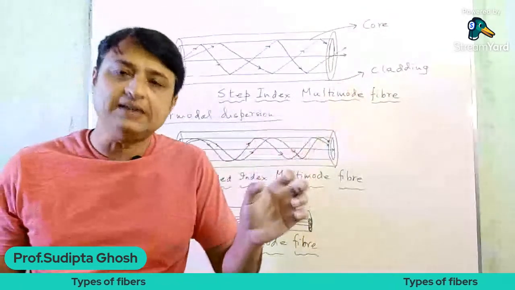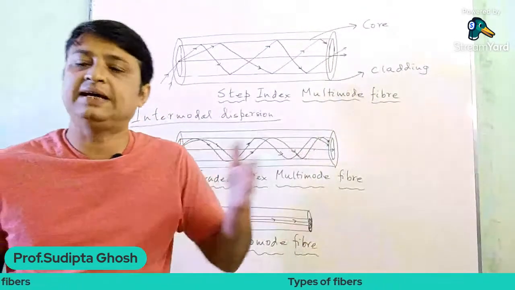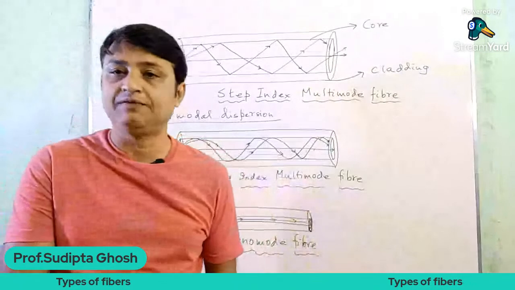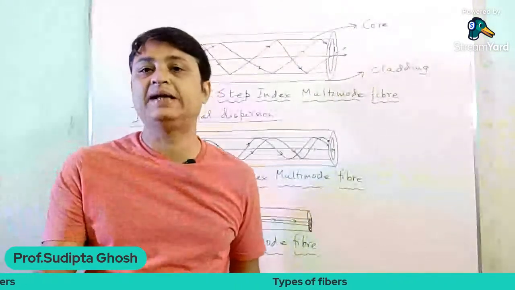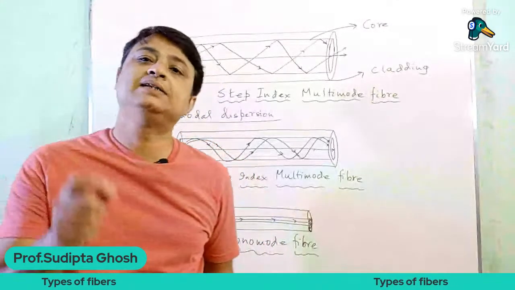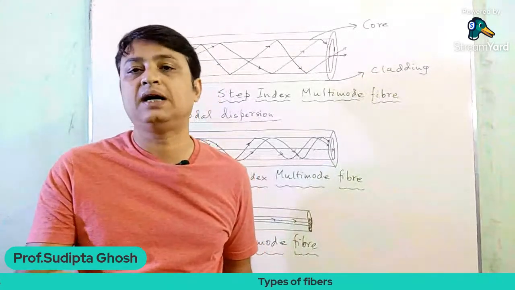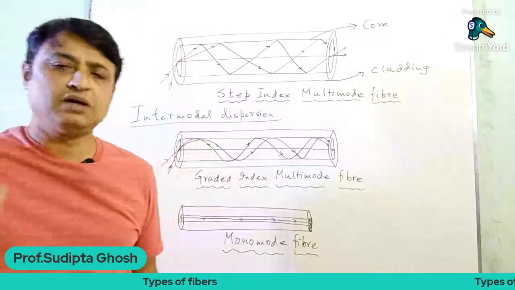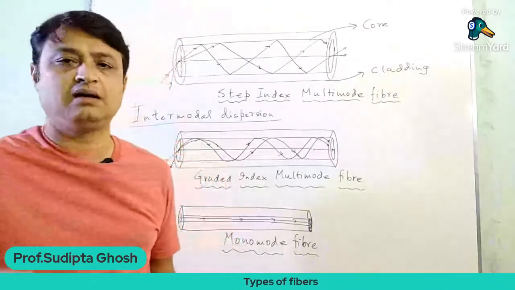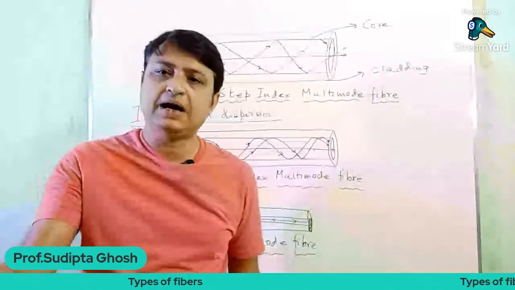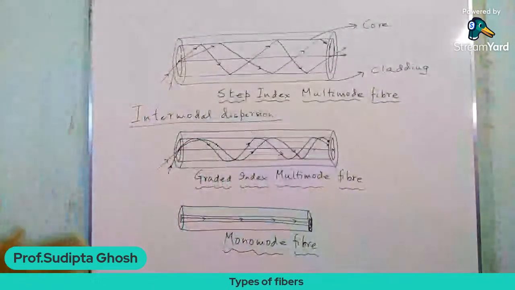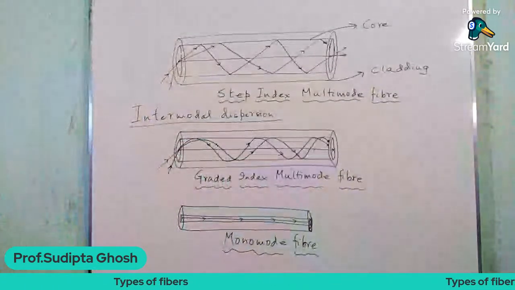There is a time difference between the rays reaching the end of the fiber, and this creates the intermodal dispersion. I am going to talk more about intermodal dispersion and the mathematical derivation behind it later. For now, next we move on to the graded index multimode fiber.